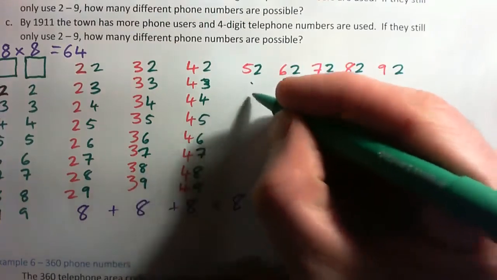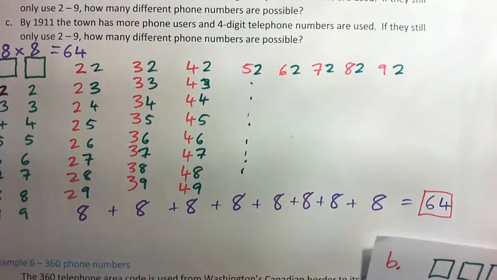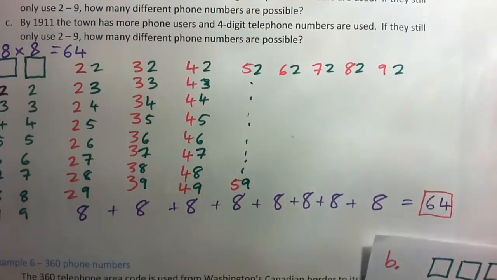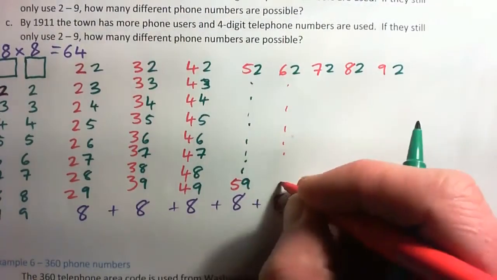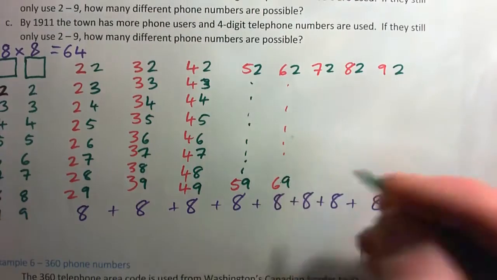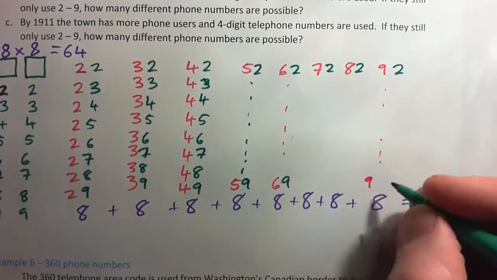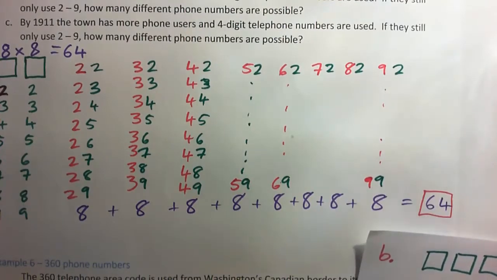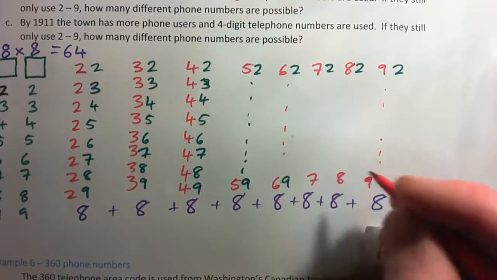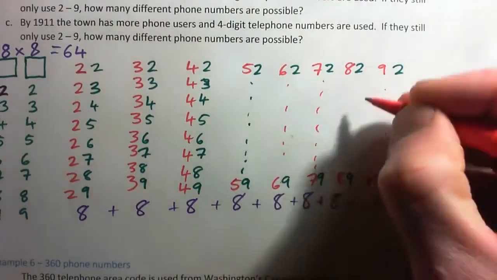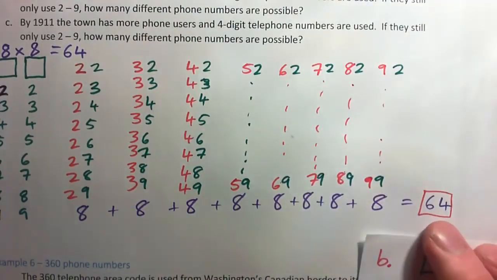And this went all the way down through 59. This is a phone number at 59, and this one went all the way down through 69, and so on. And this one went all the way down through 99. Okay. So what I'm trying to say is we almost listed 64 different phone numbers.